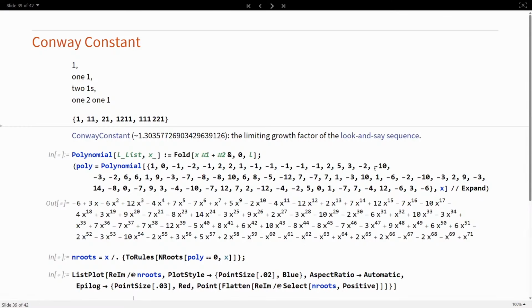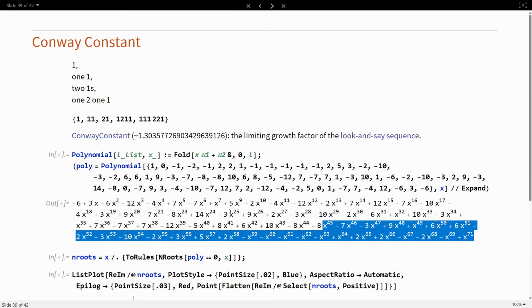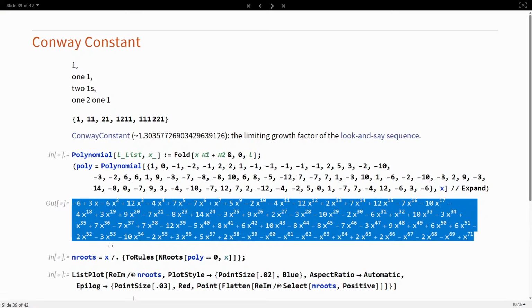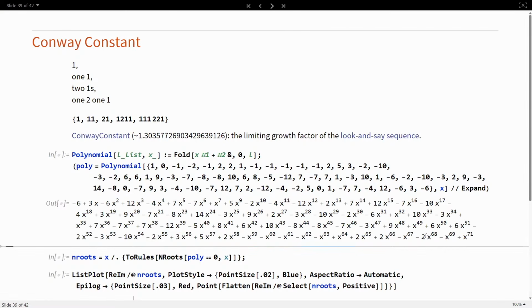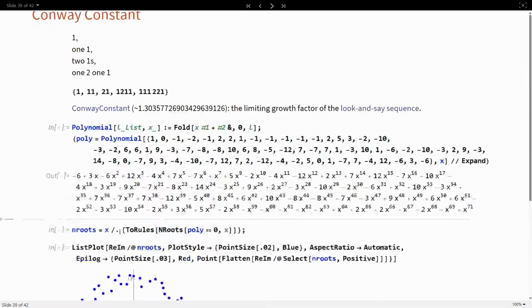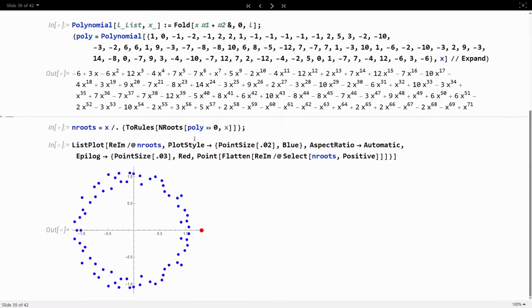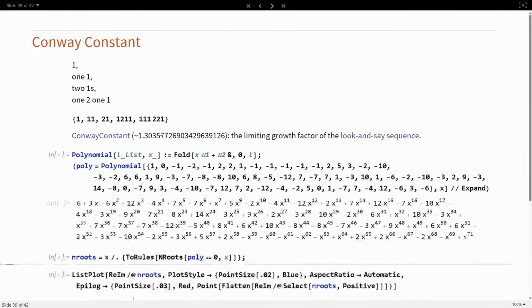John Conway figured out the limiting growth is based on this order 71 polynomial. I think I said it was order 72 early in the talk. Well, it's order 71. And we can plot out the roots of this polynomial. And this is the growth value over here. And these other points are other complex roots. So this value here is now known as the Conway constant.